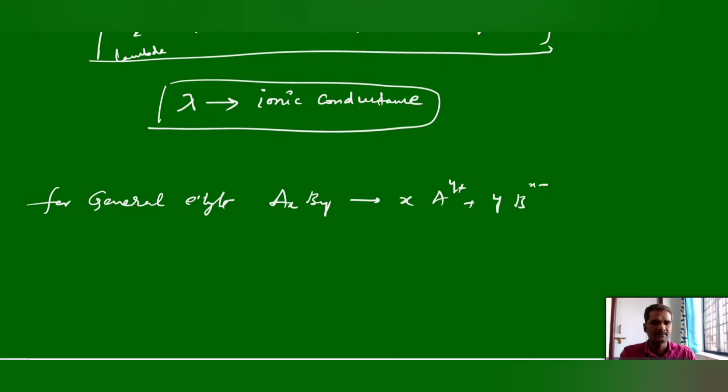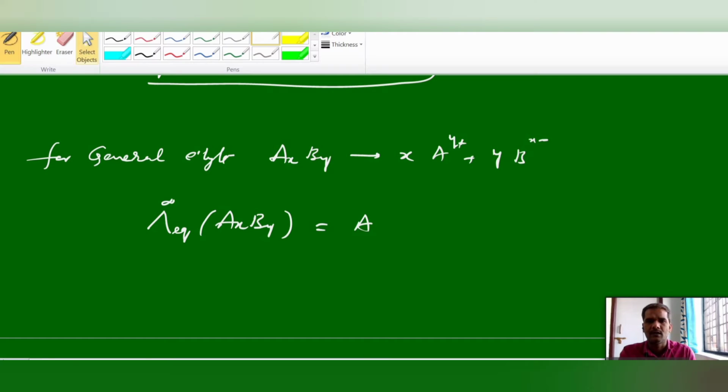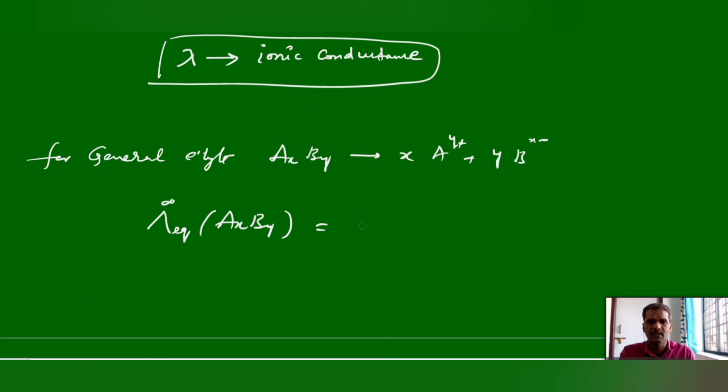In this case, we can write the equivalent conductance at infinite dilution for A X B Y as the ionic conductance of A to the power Y plus plus the ionic conductance of B to the power X minus.